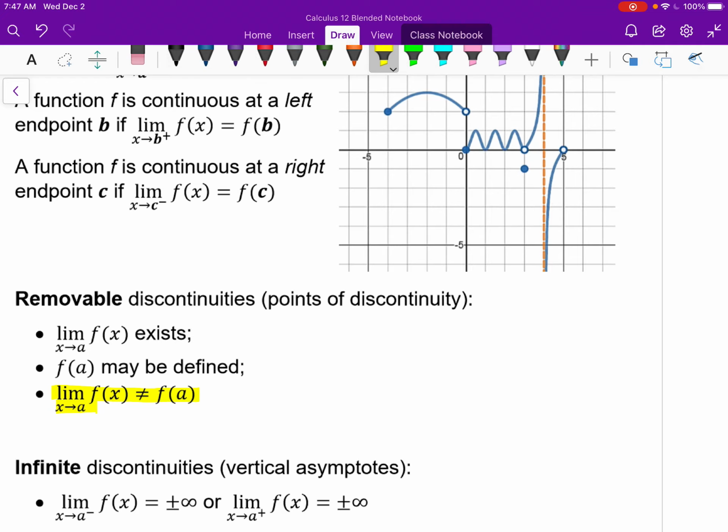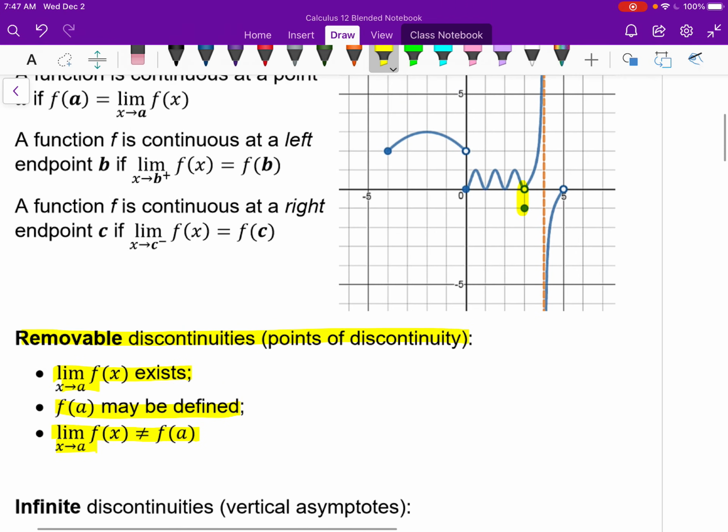As always, the best way of approaching these things is to look at it. So there are two removable discontinuities here. One is right here. I'll highlight these in yellow. If I look at that point there, when x equals 4, the limit does exist. If I ask what's the limit of f of x as x approaches 4, that equals 0. If I ask what is the value of f at 4, it equals -1.